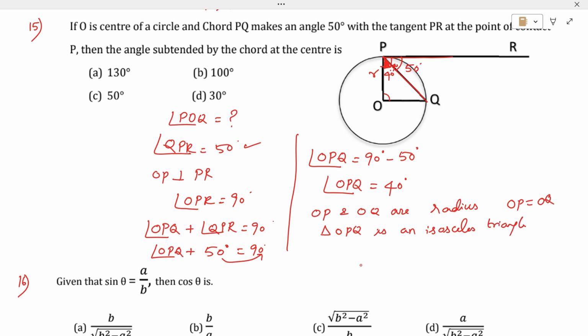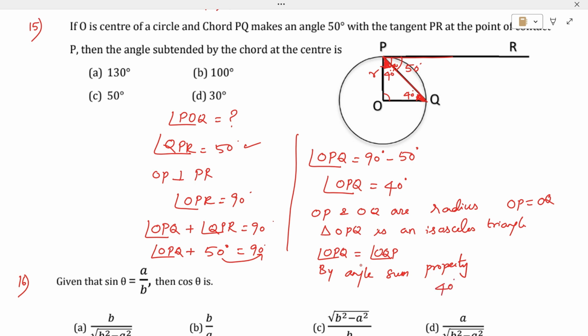So I know angle OPQ is equal to angle OQP. So this is also 40 degree. I'm shading in the figure. Okay, now I can find POQ easily by angle sum property, isn't it? By angle sum property, what is angle sum property states that all the three angles added together to get 180 degree.